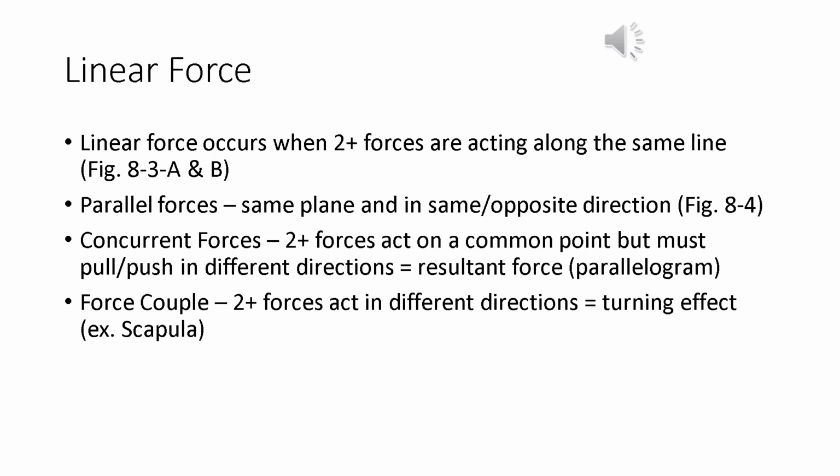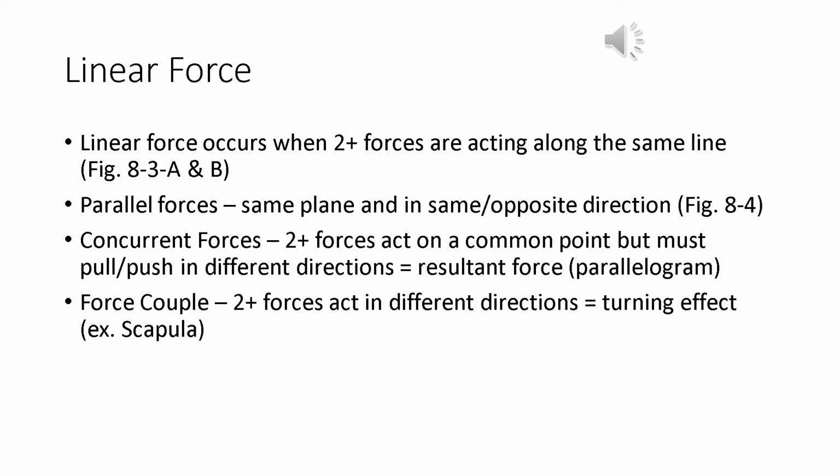If you look at figure 8-5 on page 106, you can see that what happens here is the movement does not occur in an upward direction. It does not occur in a direction towards the right, but it actually falls somewhere in the center of that, creating more of a diagonal force towards the right and an upward position at the same time.